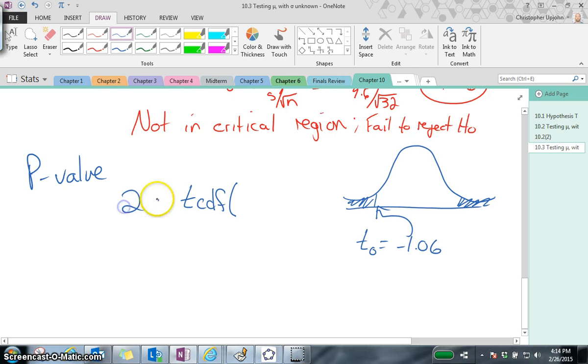But because it's two-tailed, we need to multiply it by 2. So 2 times tcdf, negative 9 E 99, to our test statistic, and then our degrees of freedom. So we get a p-value of 0.2969.